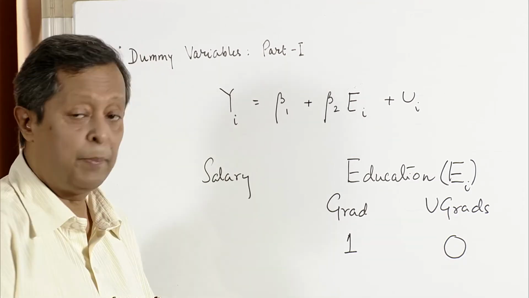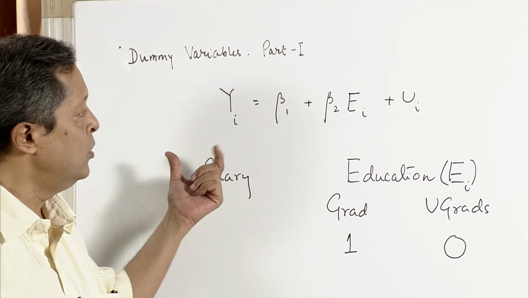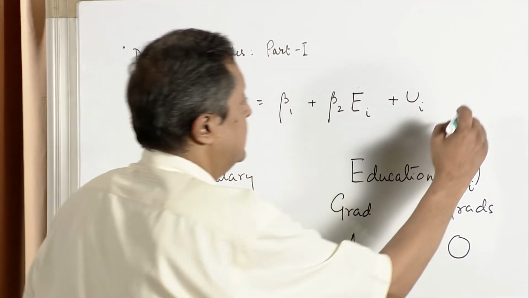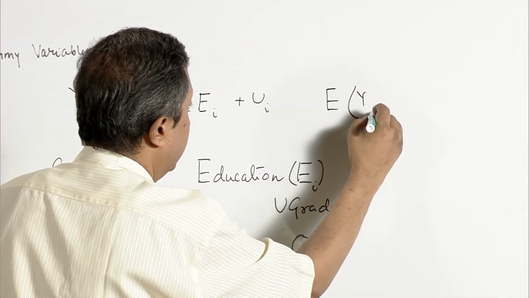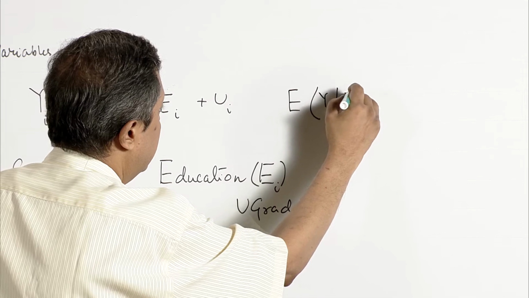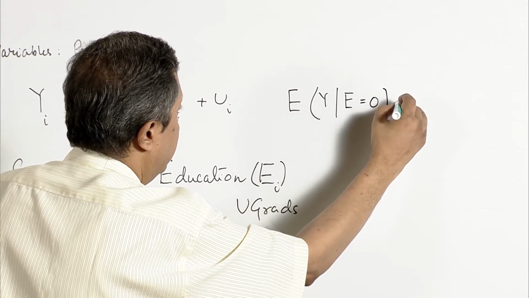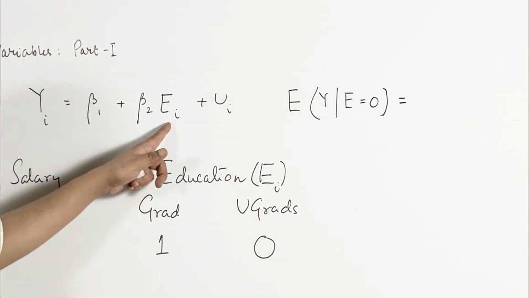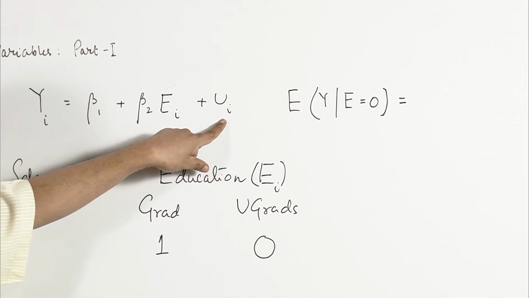So, how do we interpret this model? If we take the expected value of y, then expectation of y given E equal to 0 means the value of E will be 0, and expectation of u_i, as we know, is 0.